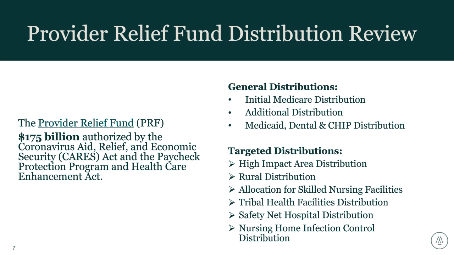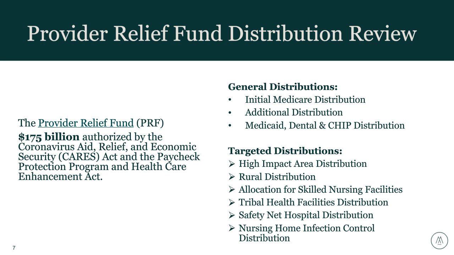It started on April 10th with the initial Medicare distribution, a $30 billion tranche, and was followed up pretty quickly with another $20 billion. Both of those went to Medicare enrolled providers. Then shortly after that, they opened up the funding to Medicaid, dental, and CHIP providers through an application process.